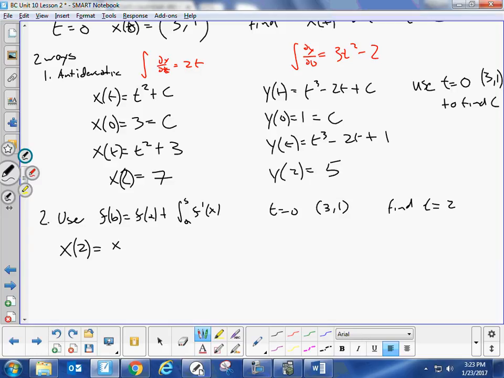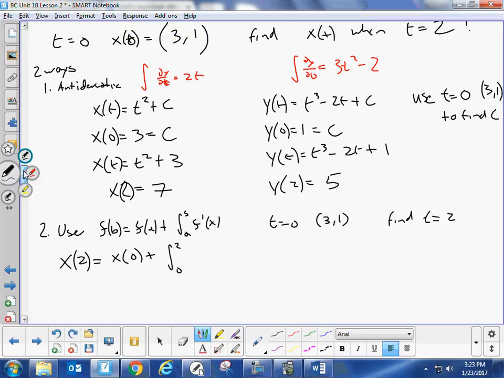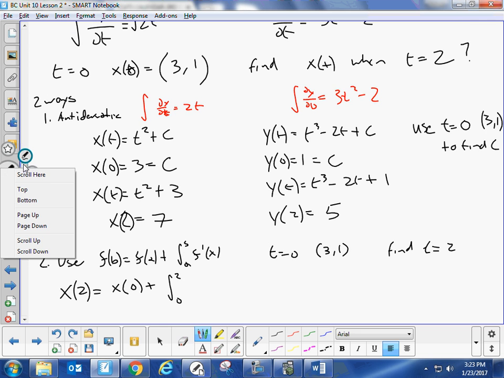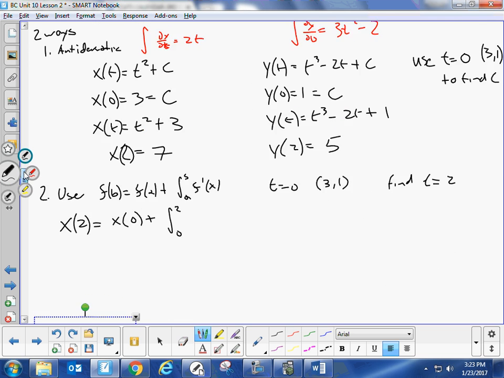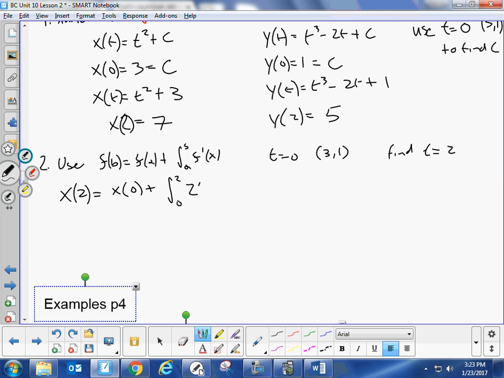I will use x of 0 plus the integral from 0 to 2 under f prime, in this case x prime, which is 2t. Giving me x of 2 is equal to x of 0, my x coordinate at 0 is 3, plus the integral from 0 to 2 of 2t dt. Plug that into your calculator.